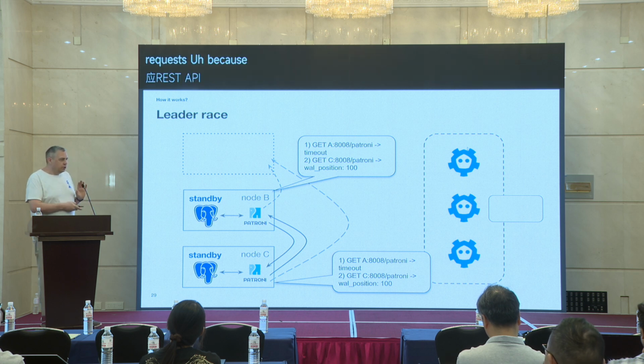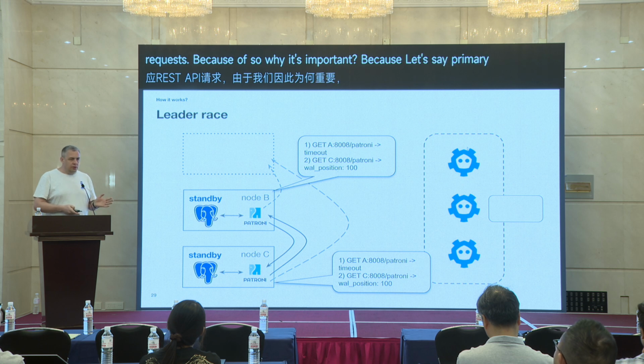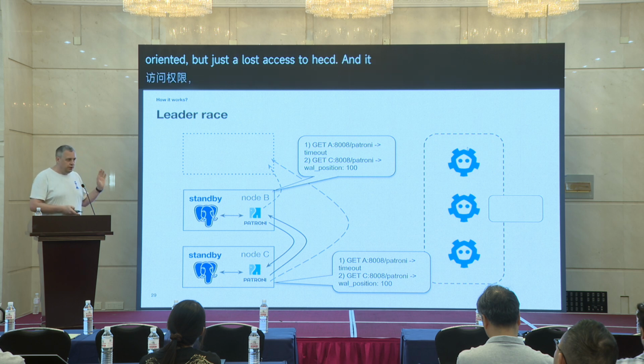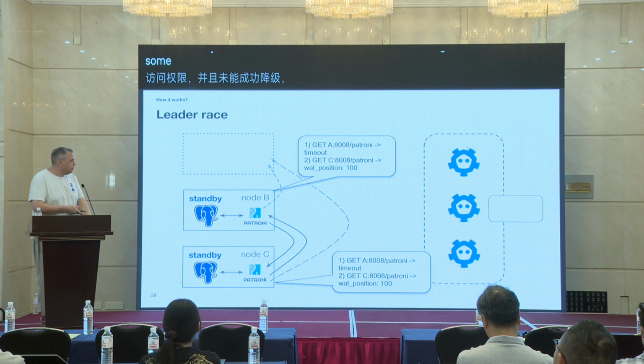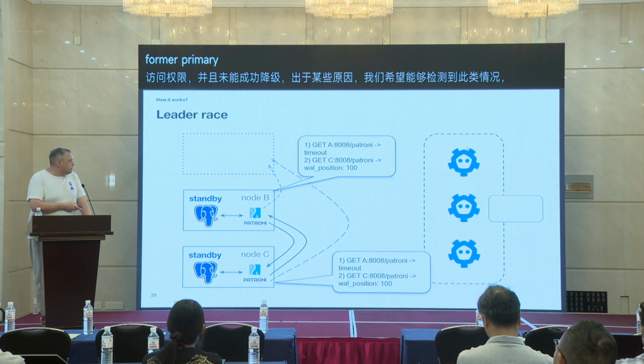So why is it important? Because let's say the primary is still running, but it just lost access to etcd, and it did not manage to demote for some reason. We want to be able to detect such situations, therefore we also call the formerly known primary.